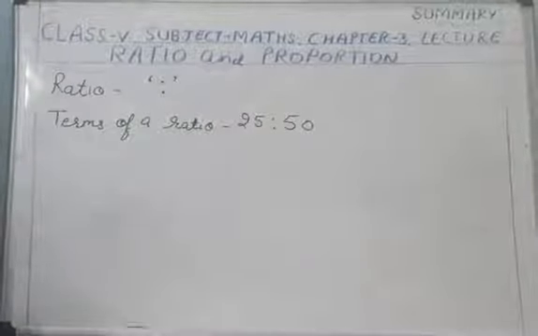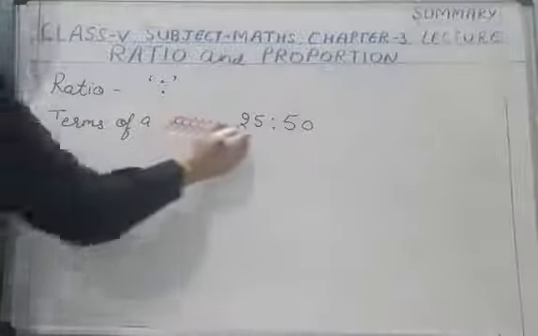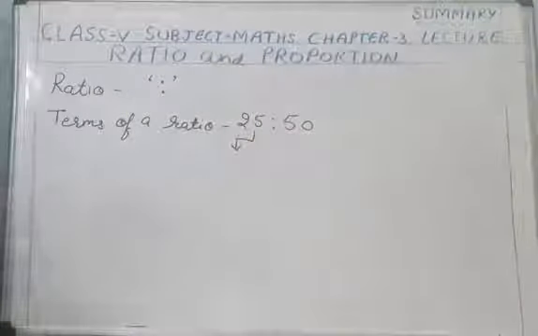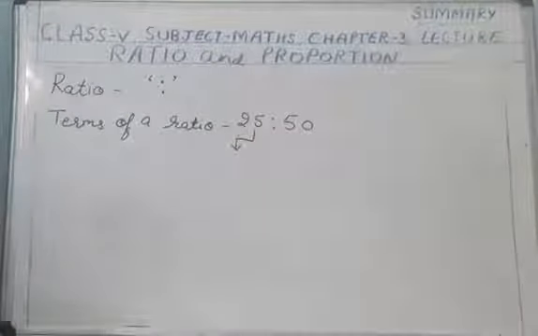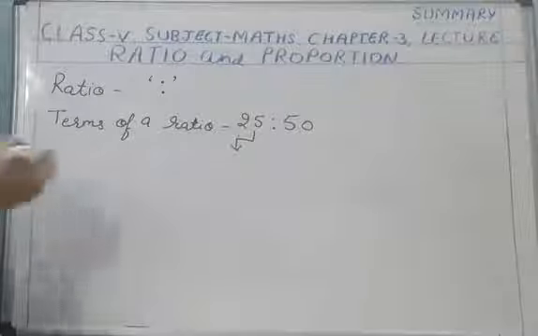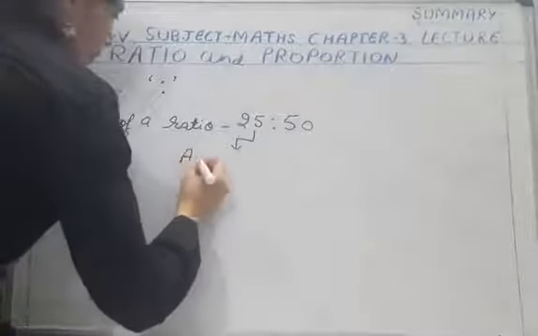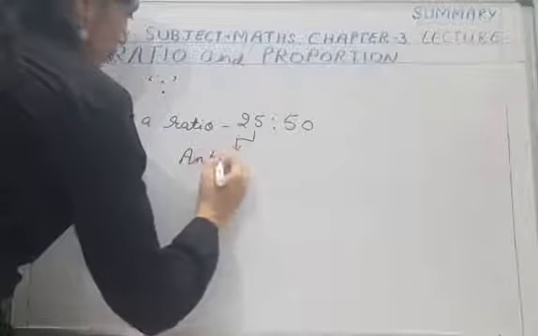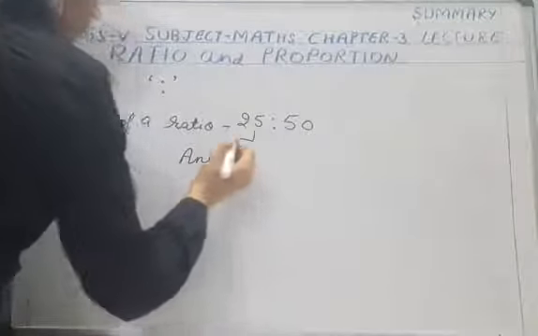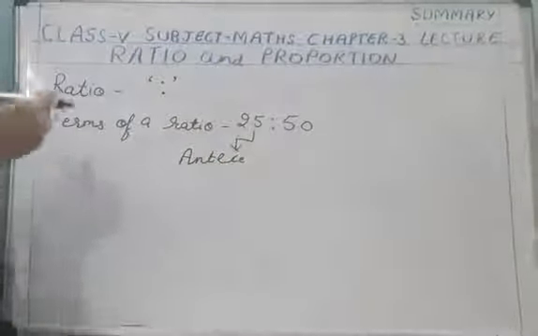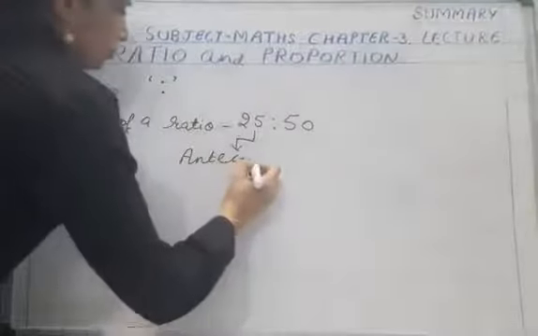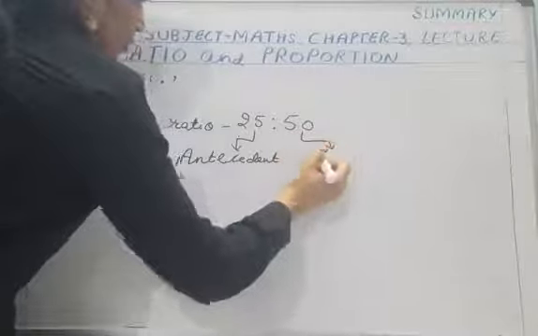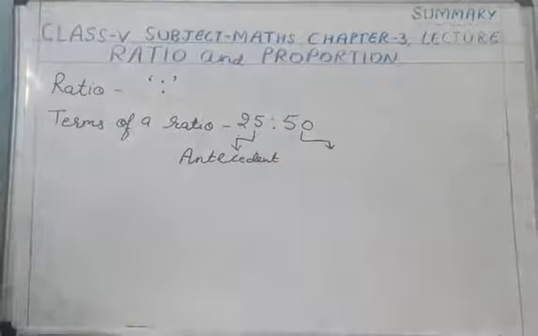So the first term is known as, we have done previously also, antecedent, and the second term is known as consequent.